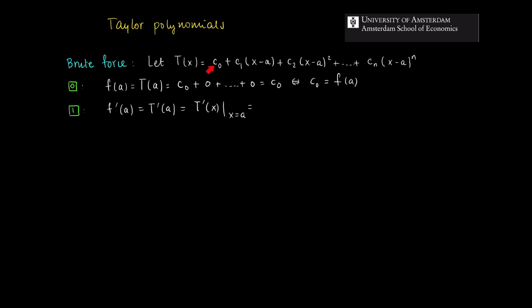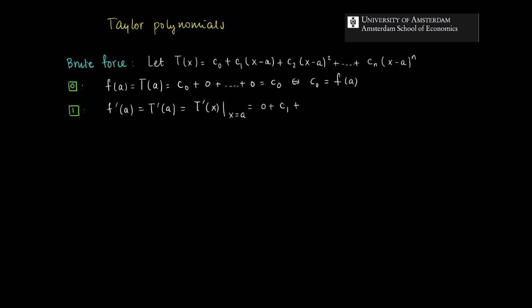Well, we're gonna take the derivative of c0, which is 0. We're gonna take the derivative of the second part, which is a linear part, so we get c1, and then 2c2 times x minus a, etc. And here the n goes forward. We get n times cn times x minus a to the power n minus 1.